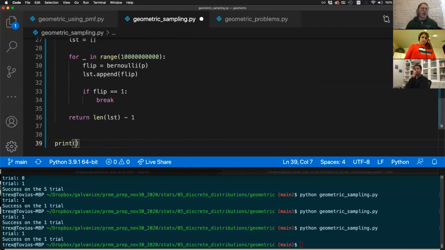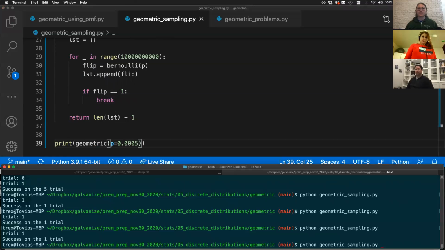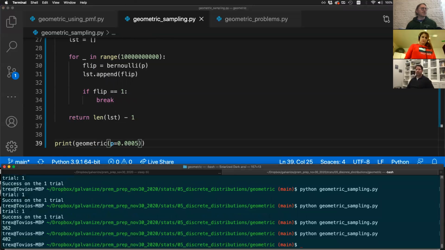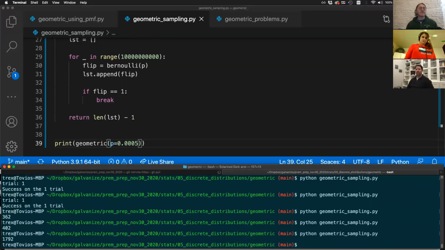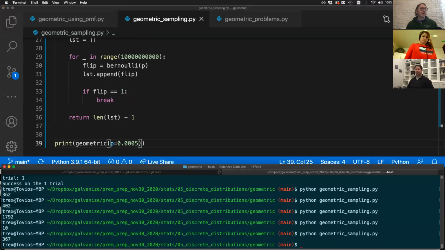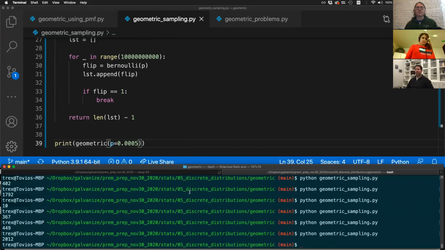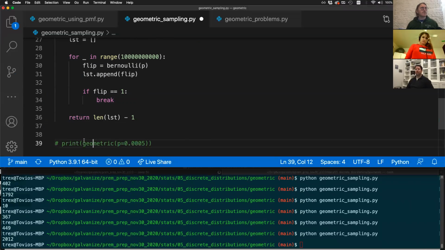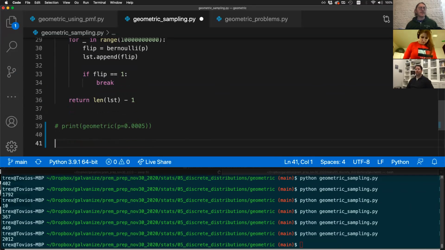Okay, so let's print geometric with a fairly low probability, 0.005. And let's see what that gets. 362, 402, 1792, 10, right? 367, 449, 2012. So we're sort of observing this process.